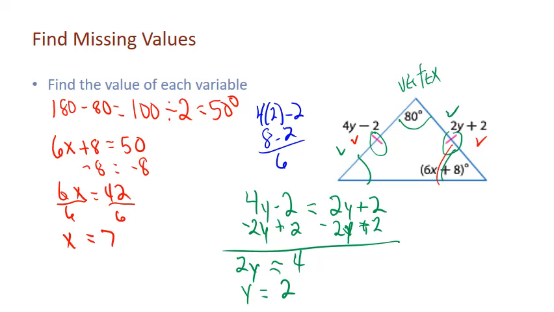Let's go over to this leg, and substitute 2 for y in 2y plus 2. 2 times 2 is 4, plus 2, and 4 plus 2 equals 6, and shazam, both of the legs are 6. They're both congruent, just as we expected they would be.